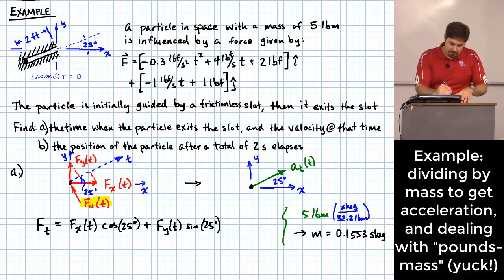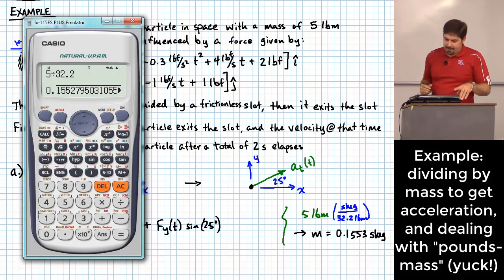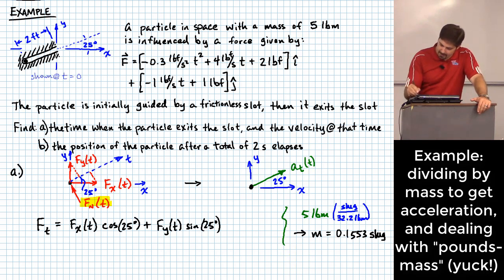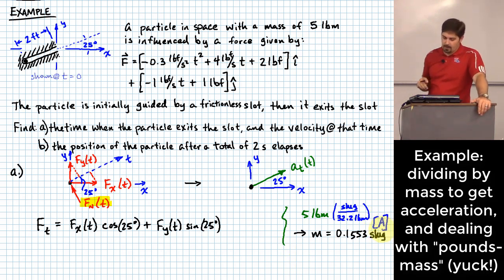That is going to be something I use a lot. Let me go ahead and store that in my constant A in my calculator. And to remember that, I'm going to say this is stored in A.